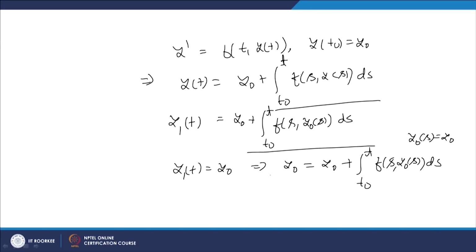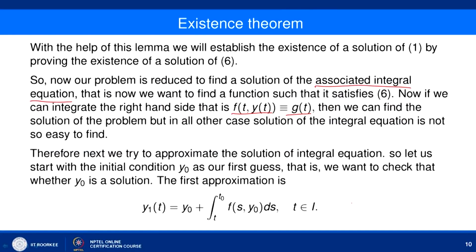So, what we have shown here is that if y 1(t) is y naught, then y naught satisfies this integral equation. This implies that y(t) is nothing but y naught, and y naught is a solution if it happens. But if it does not happen, meaning y 1(t) is not y naught, then we have to move further. That we are going to discuss here.